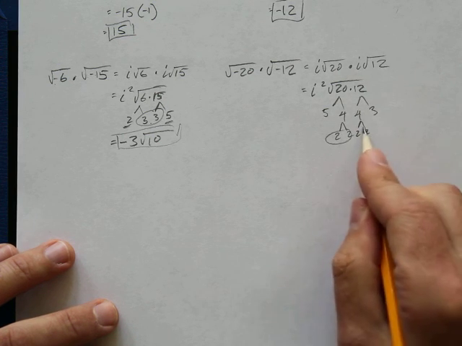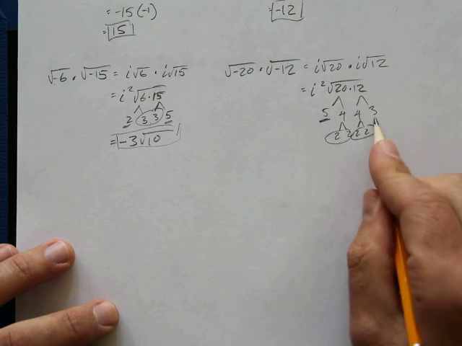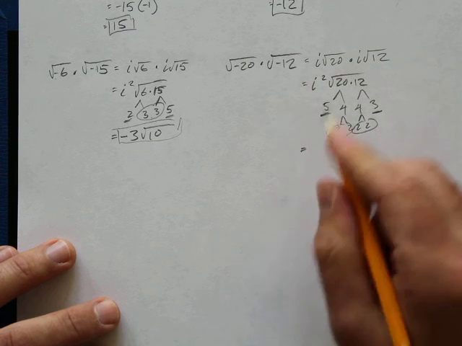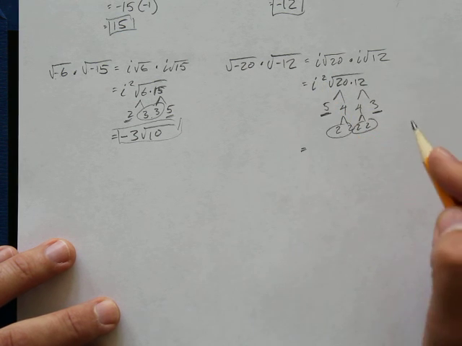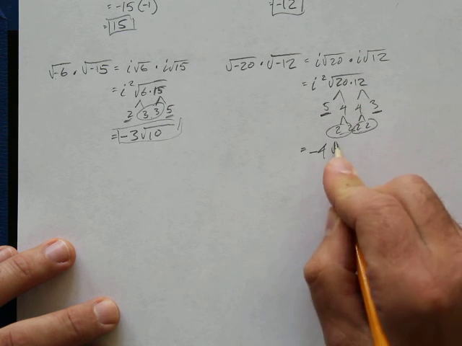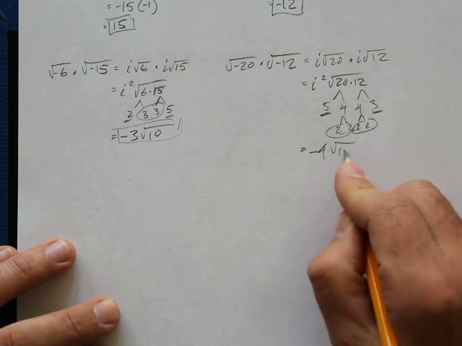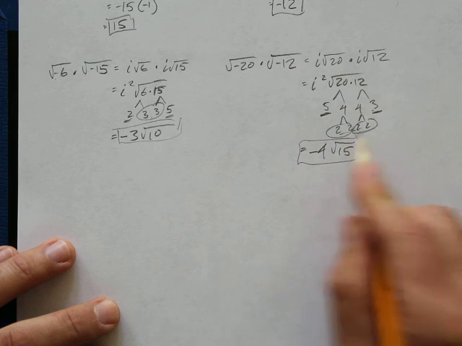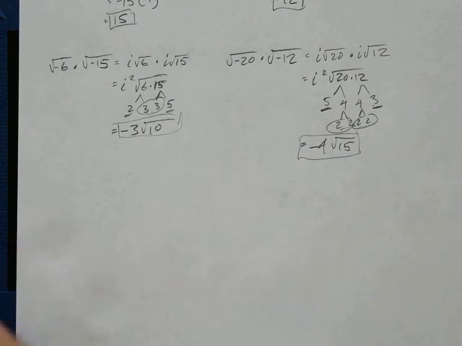So 2's and 2's, 5 and 3. i squared is negative 1, so I've got negative 2 times 2 is 4, times the square root of 5 times 3, which is 15. Negative 4 times the square root of 15 is your answer for that one.